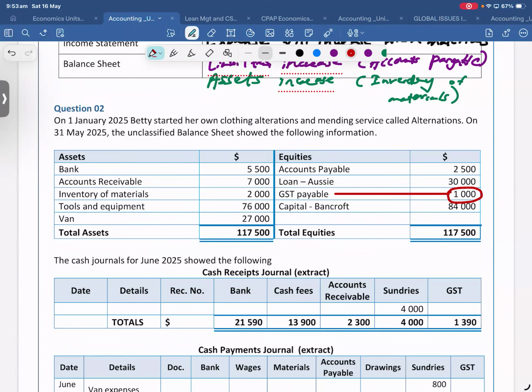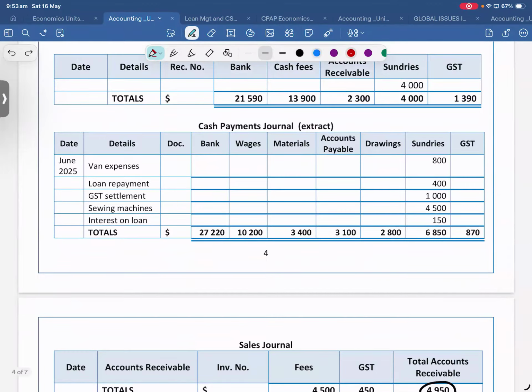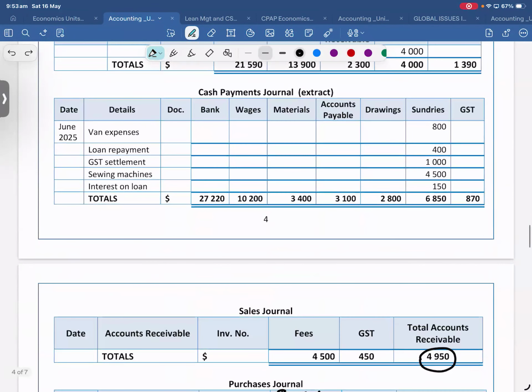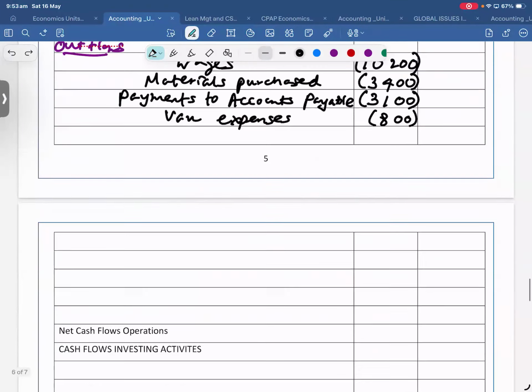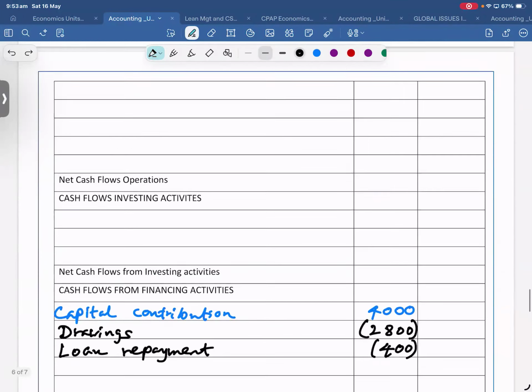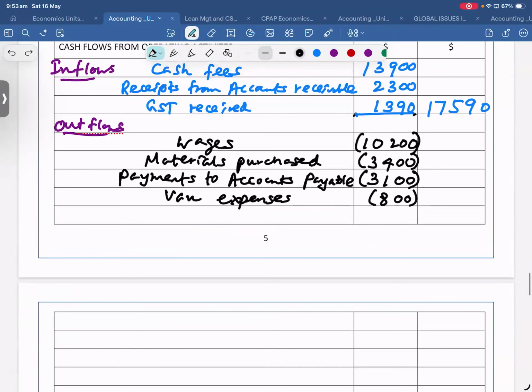So then we'll write GST settlement. Where do you record? Is it an expense or cash outflow? It's an outflow definitely, but not an expense. Where do we report it? Operating, investing, financing. Operating. Why? Yes, it's a regular transaction. 1,000.